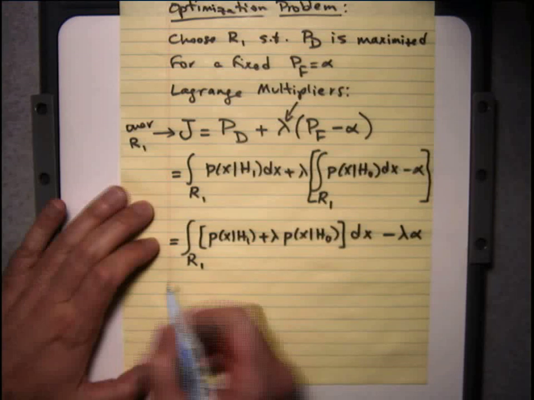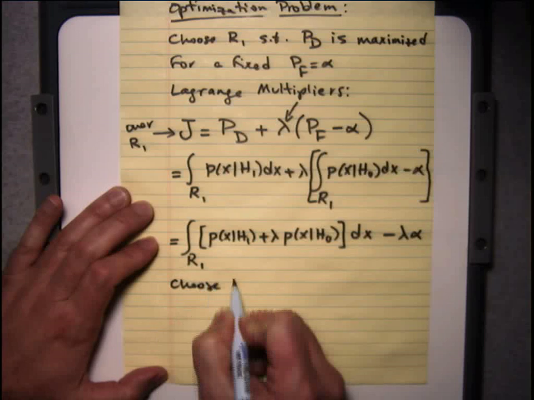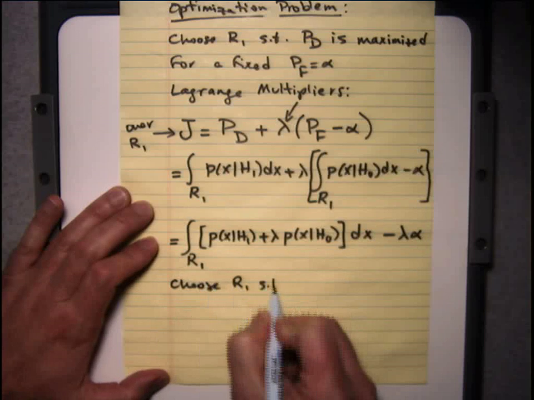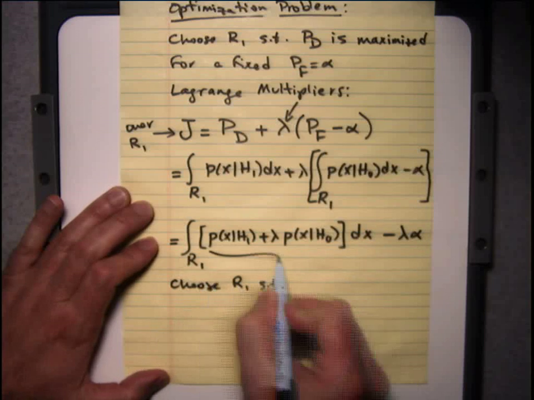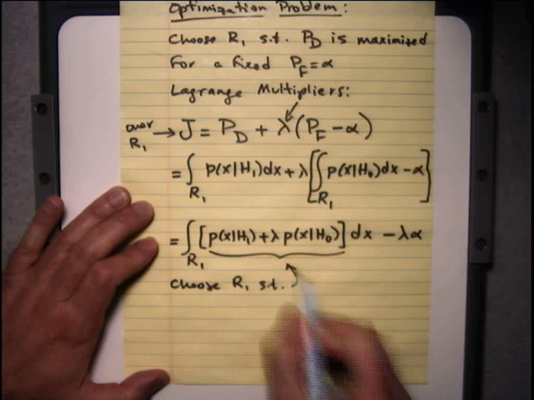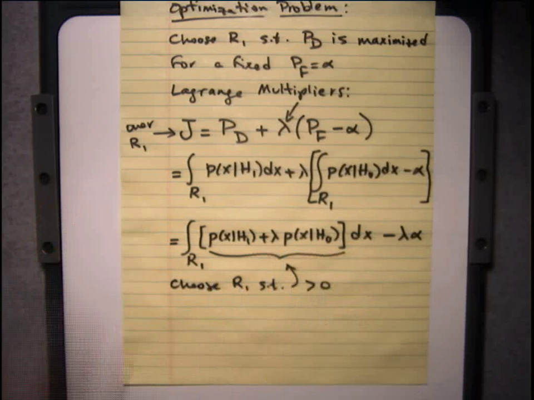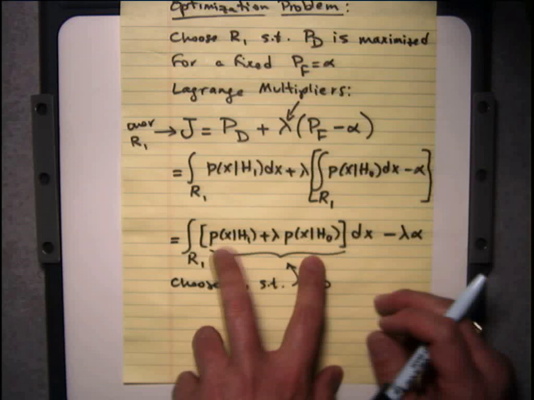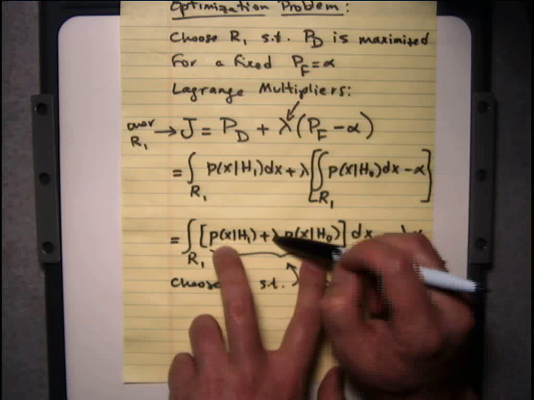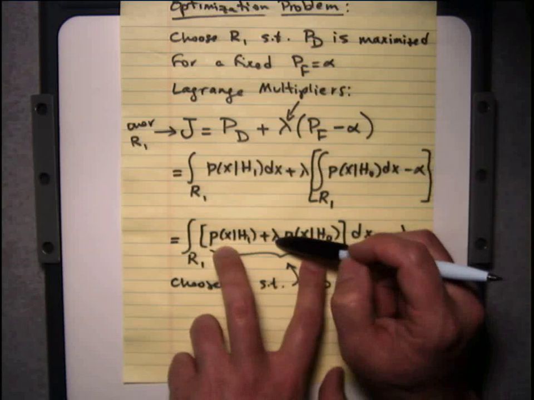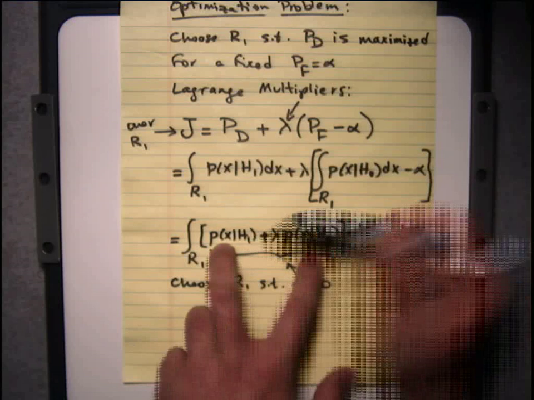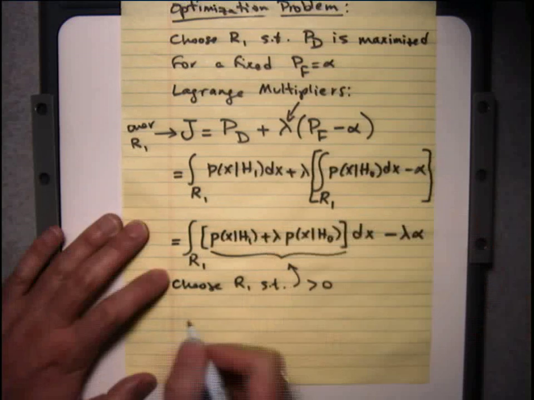So what you want to do is choose R1 such that this quantity is bigger than 0. This quantity is almost always bigger than 0 if lambda is positive, because this is a PDF and that's a PDF. Let's write the condition more explicitly.